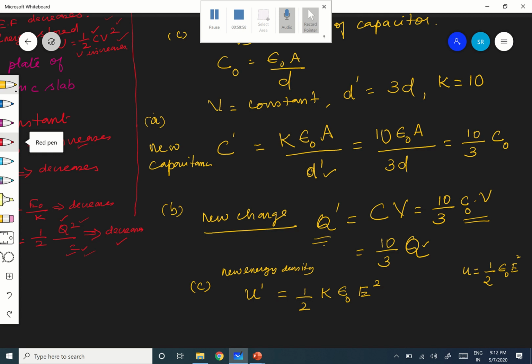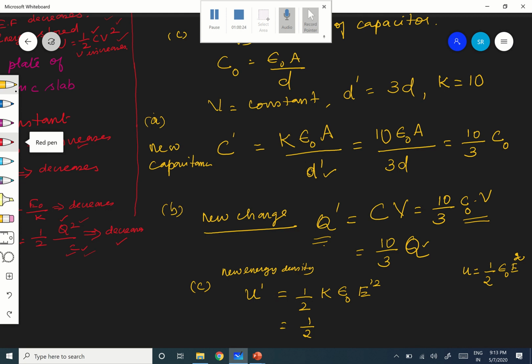Therefore now, even here you can say it is E dash squared, because E is changing now. Dielectric introduced, can I say? Therefore that is equal to half K, what is the K value here? Half, you can say it is half K by 9.